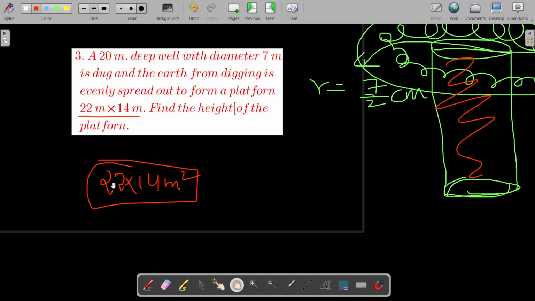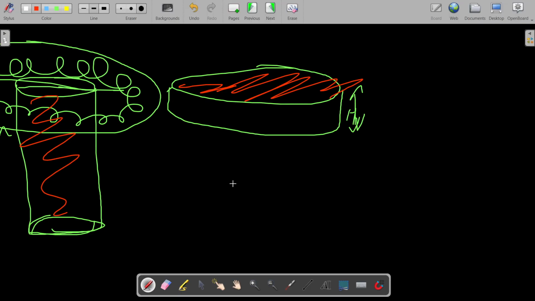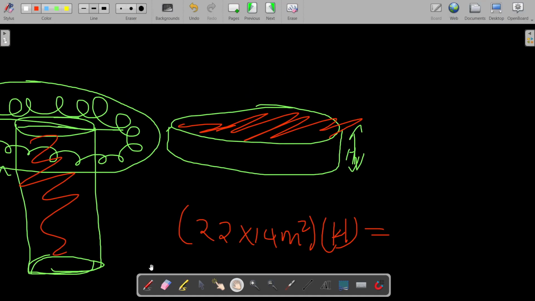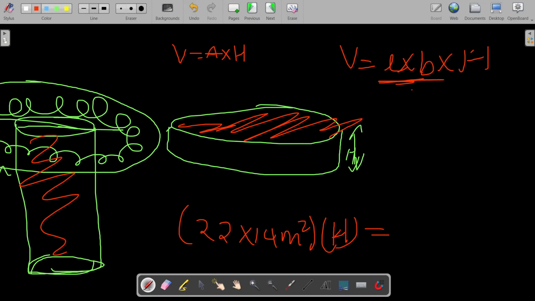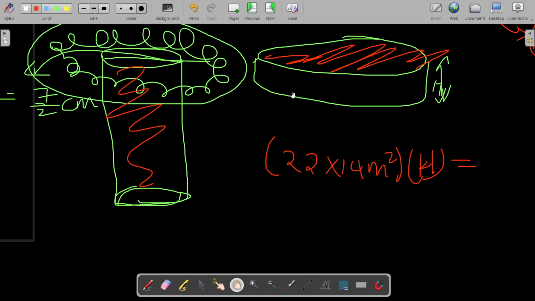We have the area given, so we simply multiply this area, 22 times 14 meter squared, into the height to get the volume. Remember, volume is also area times height. Volume is length into breadth into height, and length and breadth together are the area. Area is given, height is what we need to find for this platform.